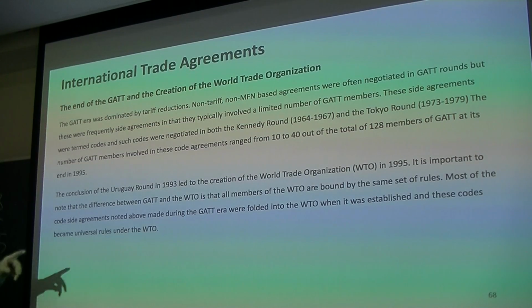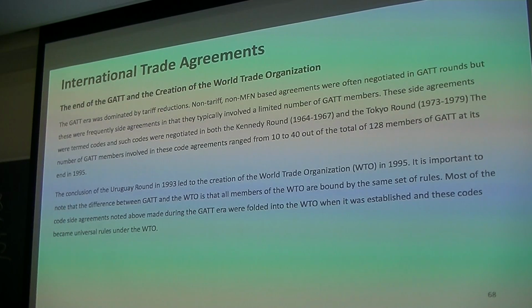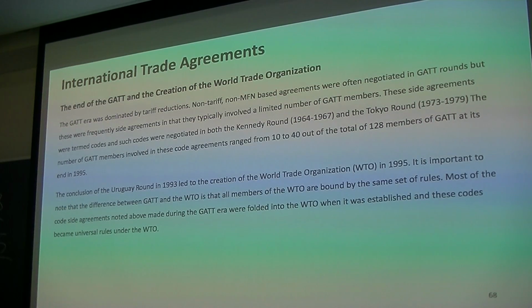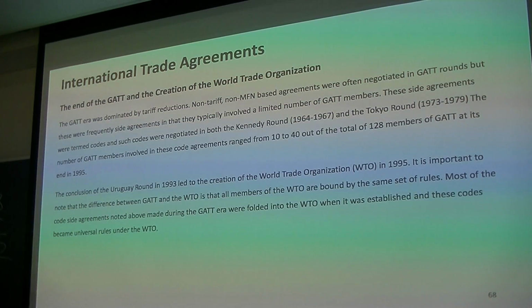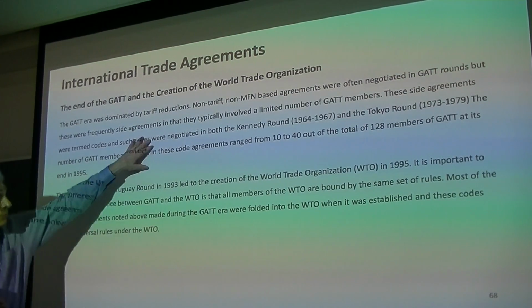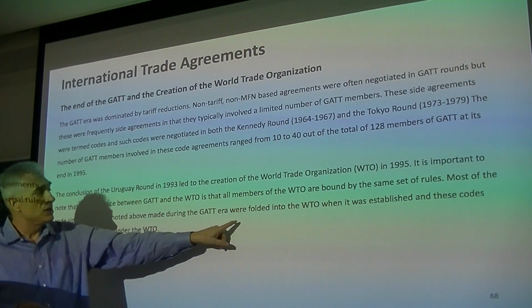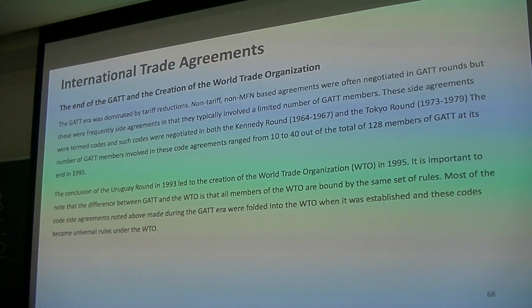Now the difference between the GATT and the WTO is that all members of the WTO are bound by the same set of rules. These code side agreements that were made during the GATT era were folded into the WTO, and those codes became universal.